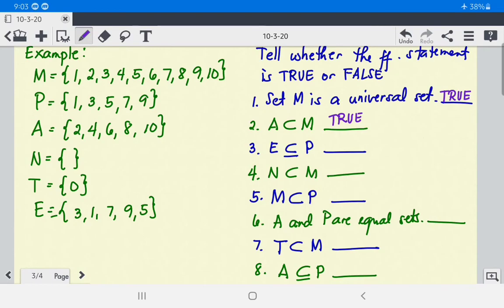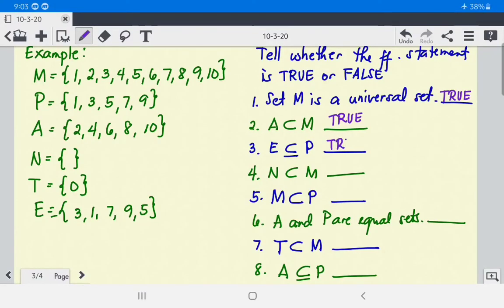Next, number 3, E is a subset of P. So as you can see, they have the same elements and cardinality of sets, or the number of elements. So this is true.